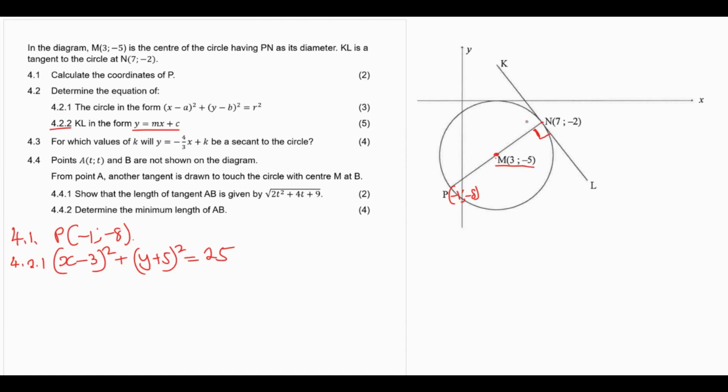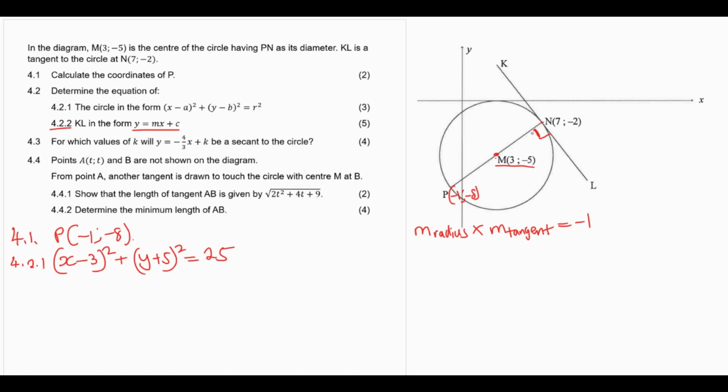Since the tangent and the radius are perpendicular to each other, we can say that the gradient of radius times the gradient of the tangent should give us -1 because they are negative reciprocals of each other.